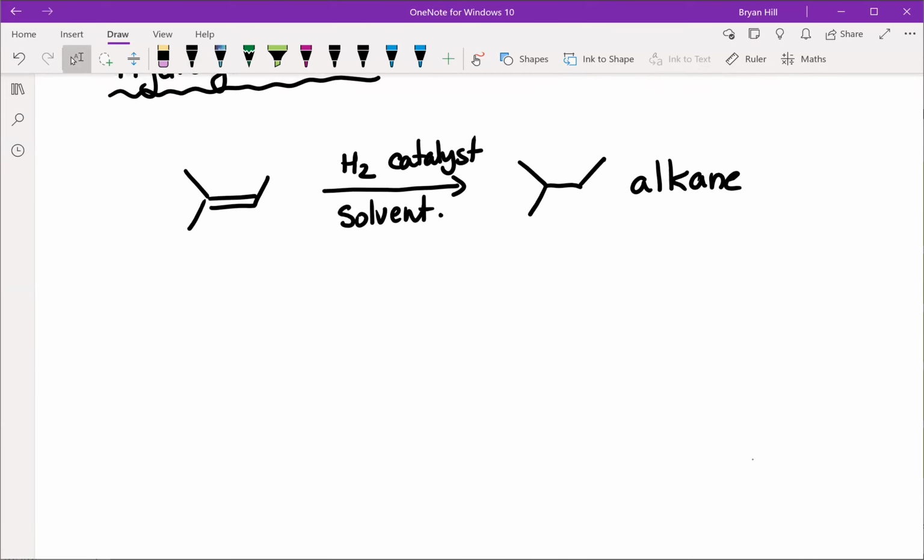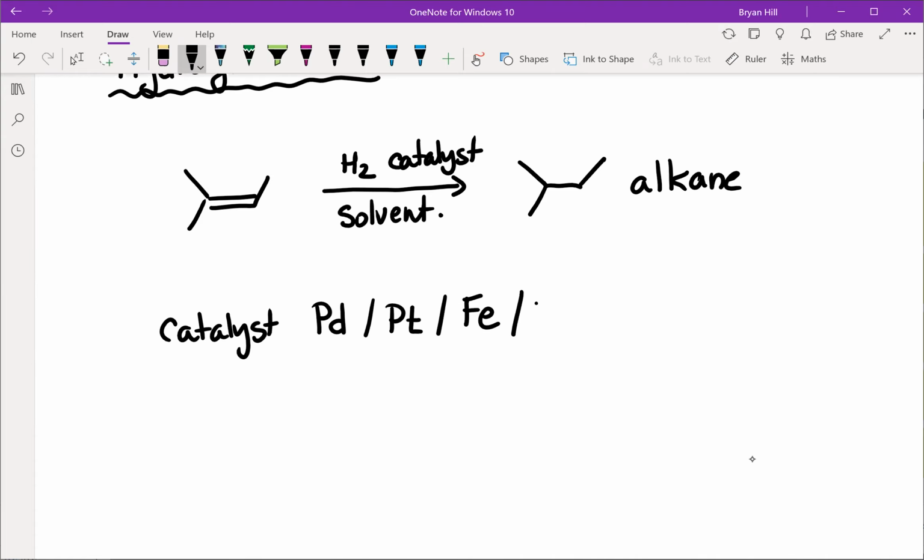Now the typical catalysts are transition metals. The ones that have become the most popular are things like palladium, platinum, iron, nickel.